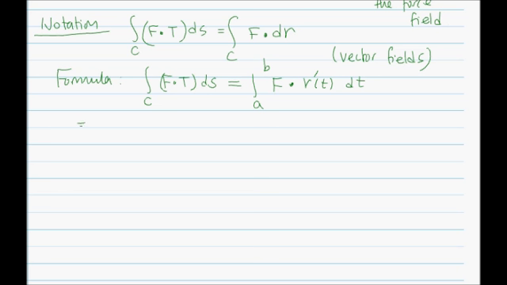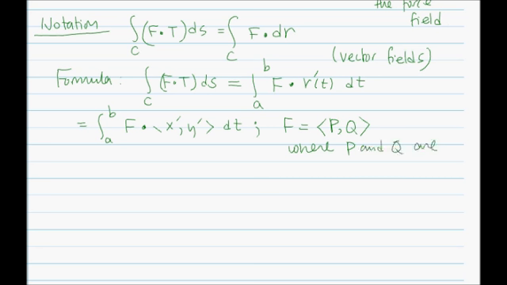So let's write it in general. Integral from a to b of F dotted with x prime and y prime dt. And to write it further out, we need to specify the components of F as well. So F has components P and Q, and these P and Q are scalar functions. Together they make a vector field, but P and Q are scalars.